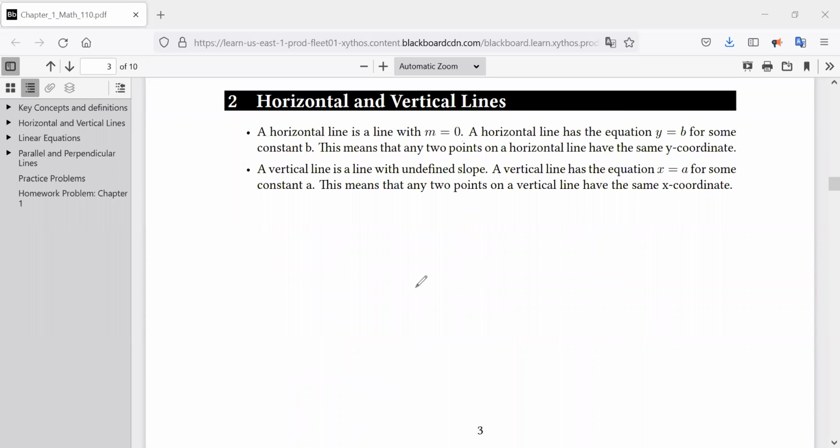You have a similar concept, but it's flipped for vertical lines. So for a vertical line, we've got something like this. If I tried to describe the slope of this, it would be a little bit weird because it goes off infinitely high and infinitely low without the x value changing at all, right? So that means we can't really talk about the slope of this.